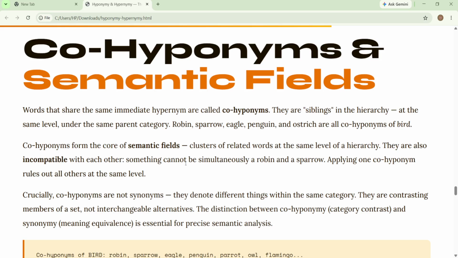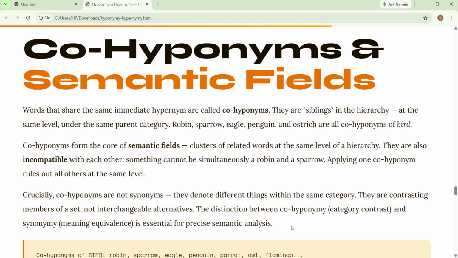They are also incompatible with each other. Something cannot be simultaneously a robin and a sparrow. Applying one co-hyponym rules out all others at the same level. So co-hyponyms are not synonyms; they denote different things within the same category. They're contrasting members of the set, not interchangeable alternatives.